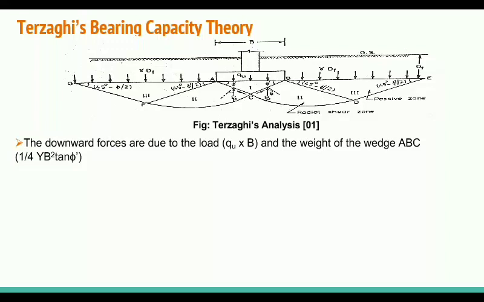In the figure, there is a sloping edge, AC and CB. Failure occurs when the downward pressure exerted by the loads on the soil adjoining the inclined surfaces AC and CB of the soil wedge is equal to the upward pressure.